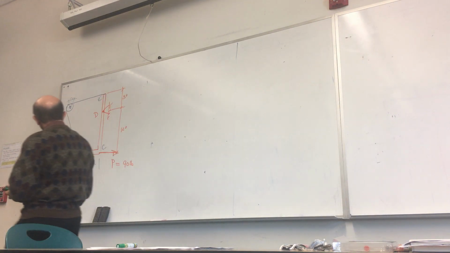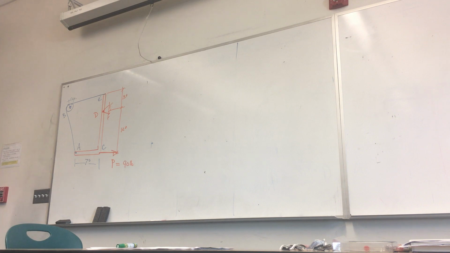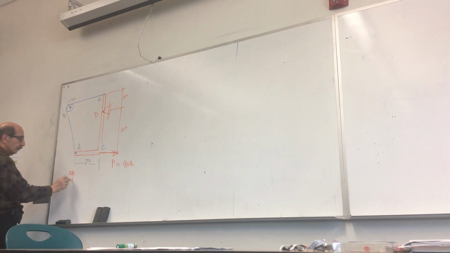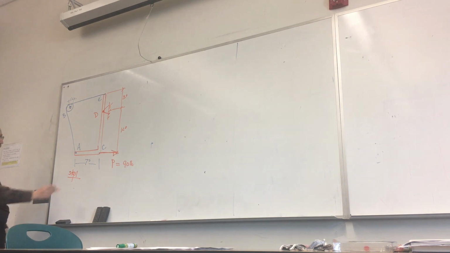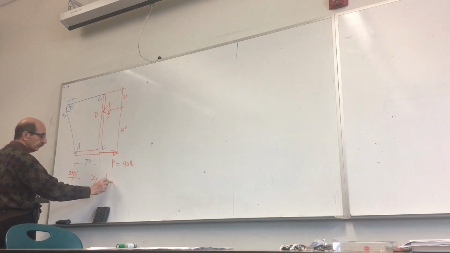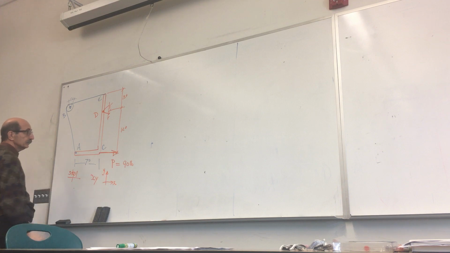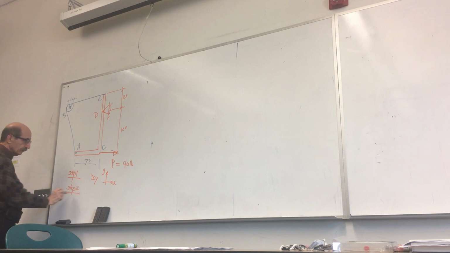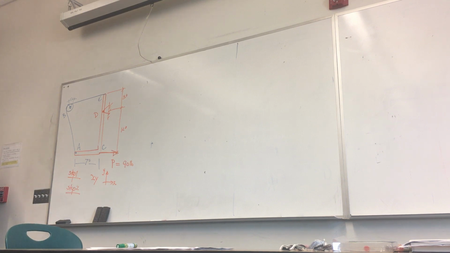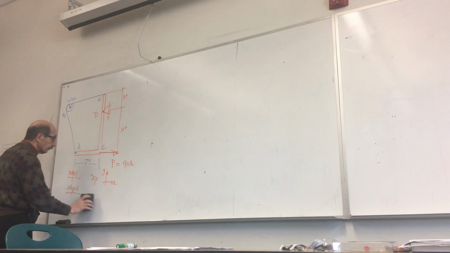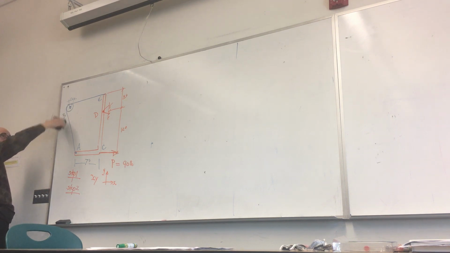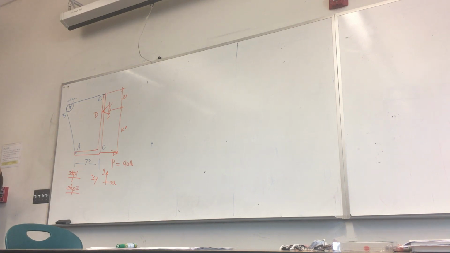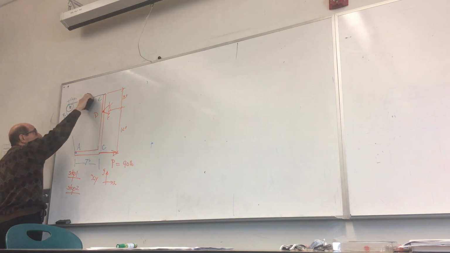So let's look at this again. Step one: set up an XY coordinate system. Step two: cut the structure from all its supports. Remember from physics, if you had a frictionless pulley with a cable going around it, no matter what the orientation of the two cables, the force on the two sides is the same.